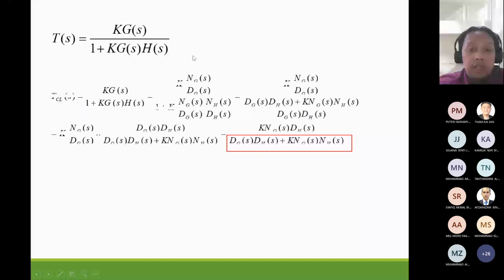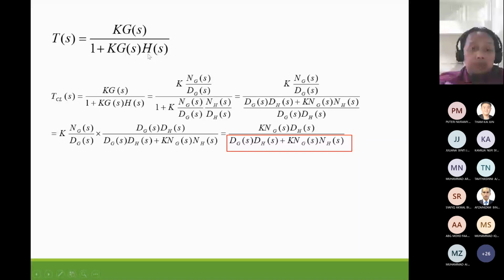Let's say each of G(s) and H(s) has its own numerator and denominator. So NG here is the numerator for G, DG is the denominator for G, and the same for NH and DH. You can try to expand this, and when you expand, you will end up with this final transfer function or final equation here.